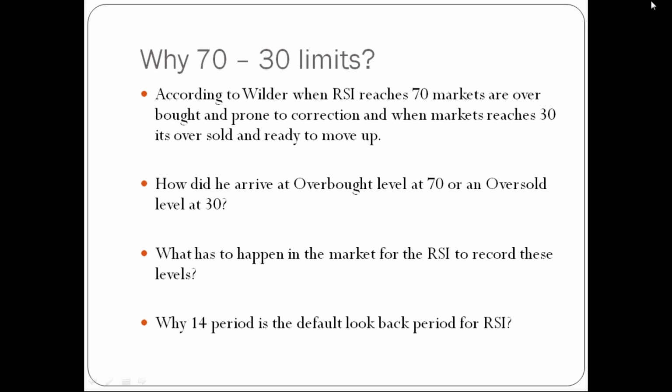I'm giving you a minute to think about what has to happen when the RSI moves into the 70 zone, or what has to happen when the RSI is moving into the 30 zone. Give it a thought: what happens when RSI is becoming oversold and what happens when it is becoming overbought.